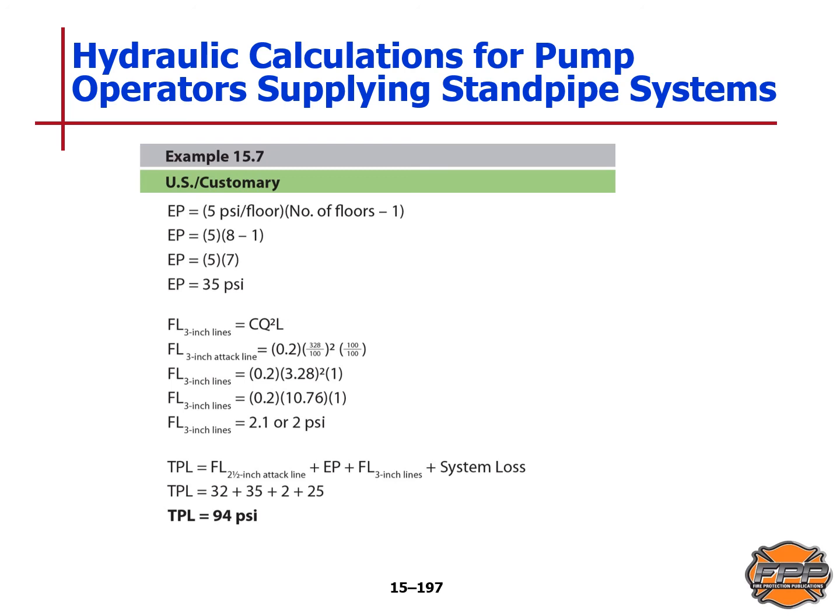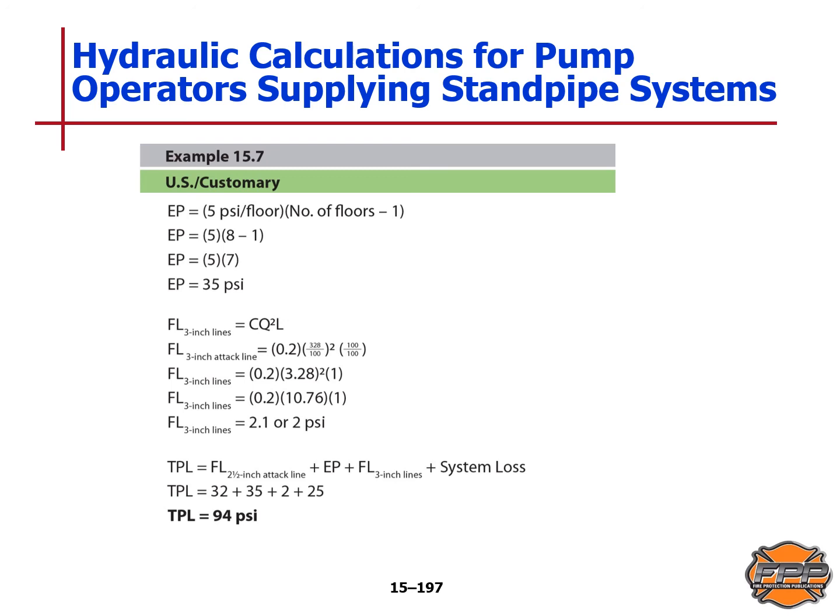And when we do the math, we come up with friction loss on a 3-inch line equals 0.2 times 3.28 squared times 1. And when we calculate that out, the friction loss for the 3-inch line is 0.2 times 10.76 times 1. So our friction loss for a 3-inch line is 2.1, which is 2 psi.